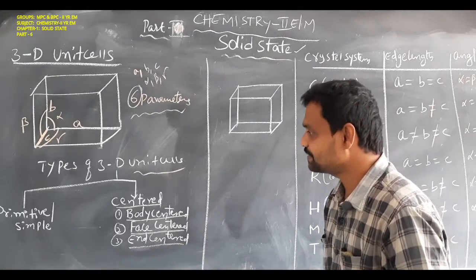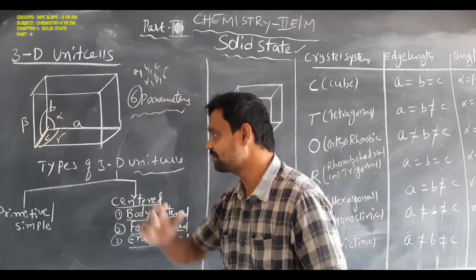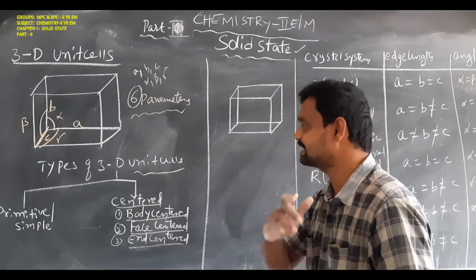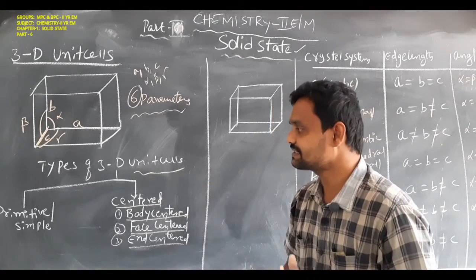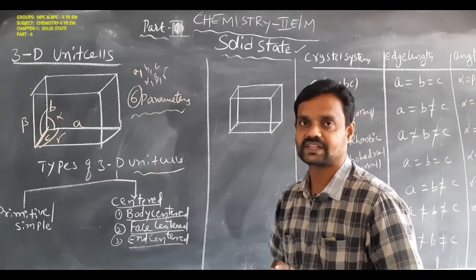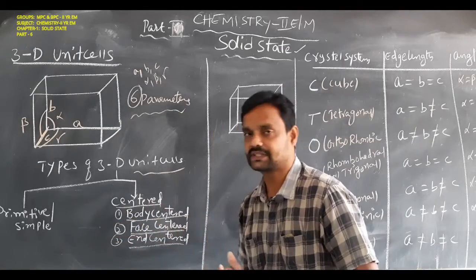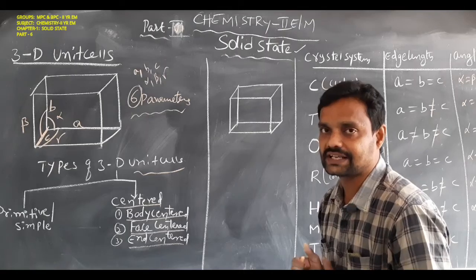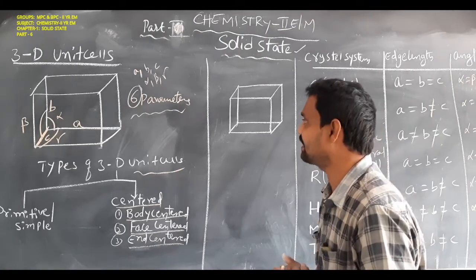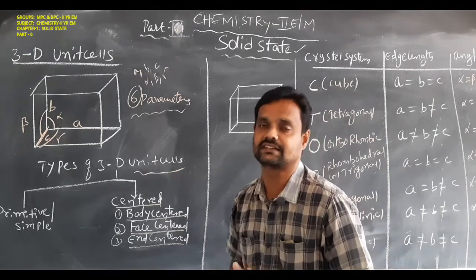What is the distinction between simple or primitive unit cells and centered unit cells? In the simple or primitive unit cell, students, the atoms or ions are present only at the corners of the unit cell.